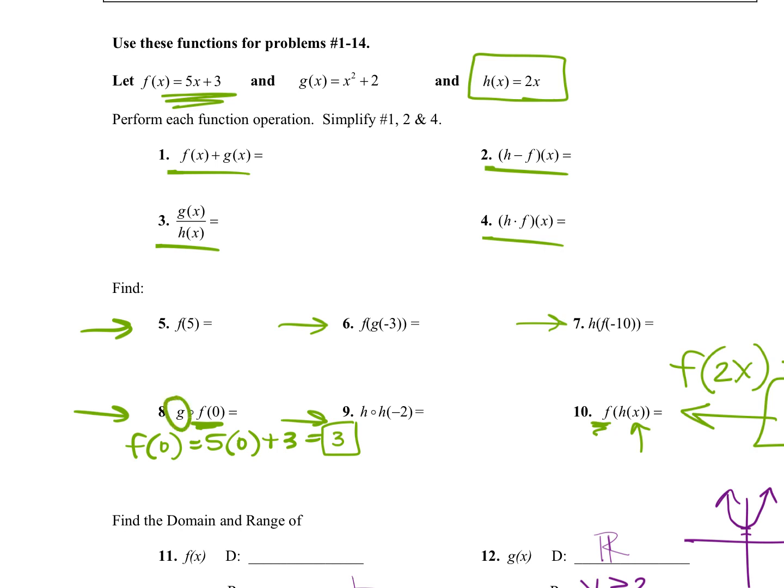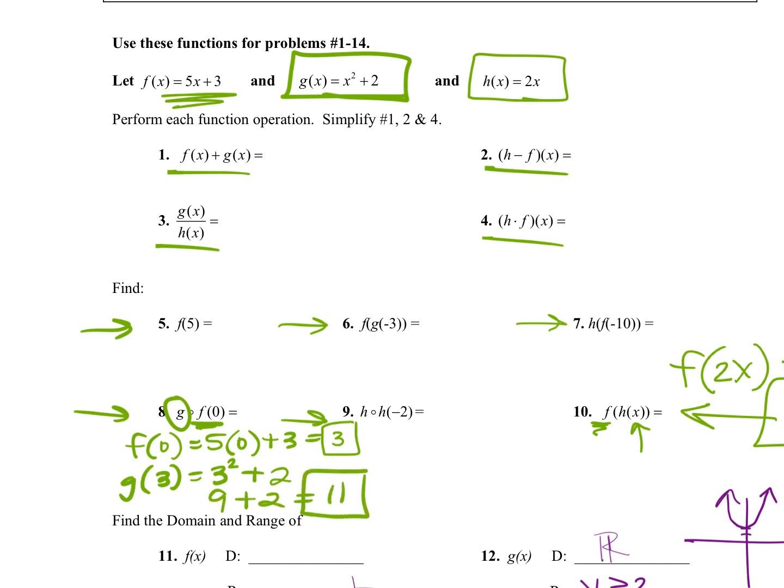The g function. So we're going to say g of what value? 3. G of 3 is 3 squared plus 2. So you take this g of x function and you drop a 3 in. Okay? So that is 9 plus 2, or 11. Good on that?